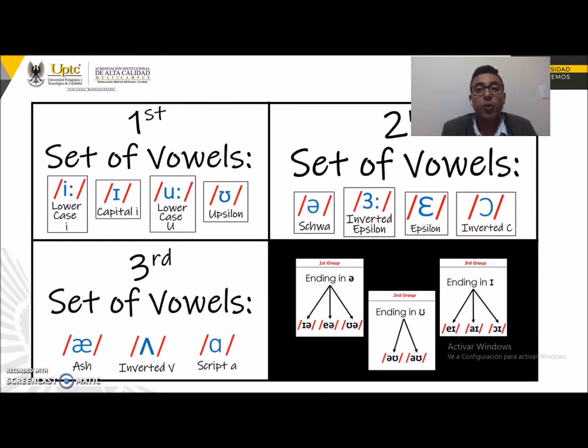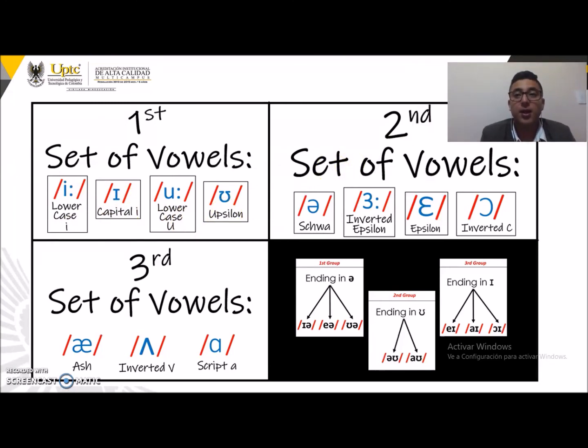So let's make a review of everything, vowels together with diphthongs, and I'm going to pronounce all the names for you to remember, and in that sense you can practice at home. So let's start with the first set of vowels, which represent 4 different phonemes, which are lowercase i, capital I, lowercase u, and upsilon. Then in the second set of vowels, we have 4 phonemes as well, but they are totally different.